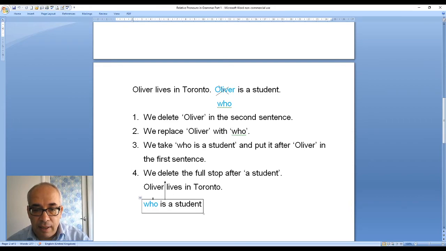And the sentence is Oliver, who is a student, lives in Toronto. All the time, if you want to join 2 sentences using the relative pronoun, use this method of joining simple sentences together.